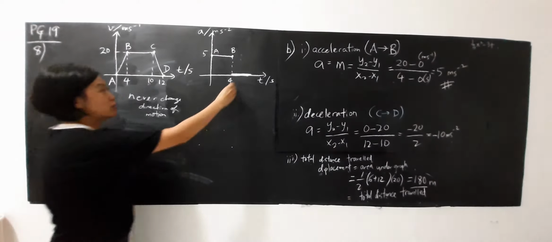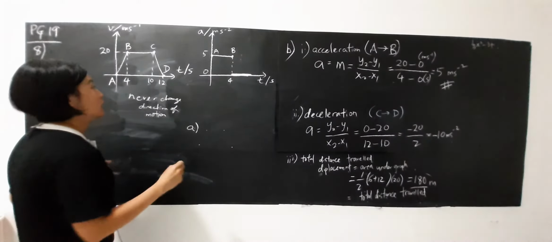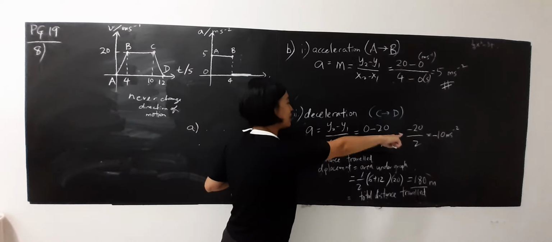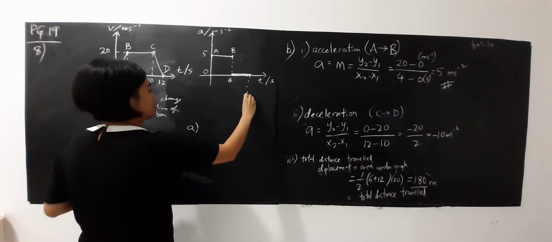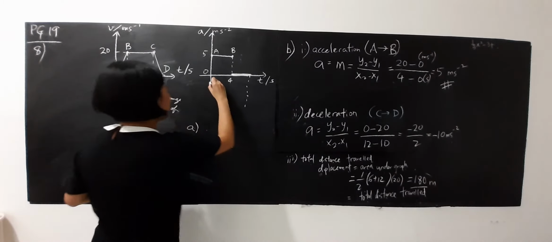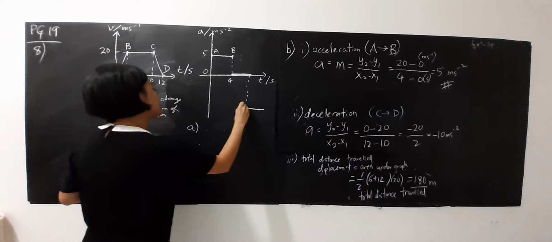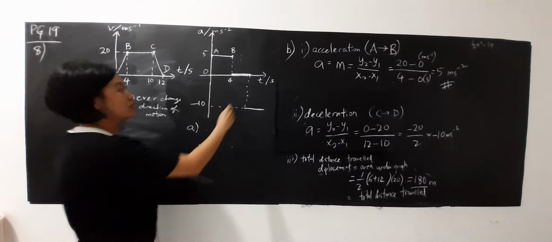Then CD, the gradient is already here, negative 10. So you label this negative 10. So this is the graph that we have.